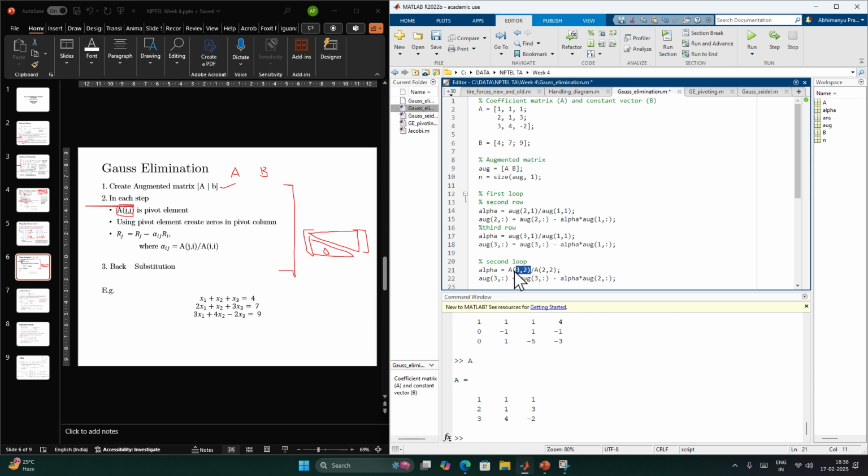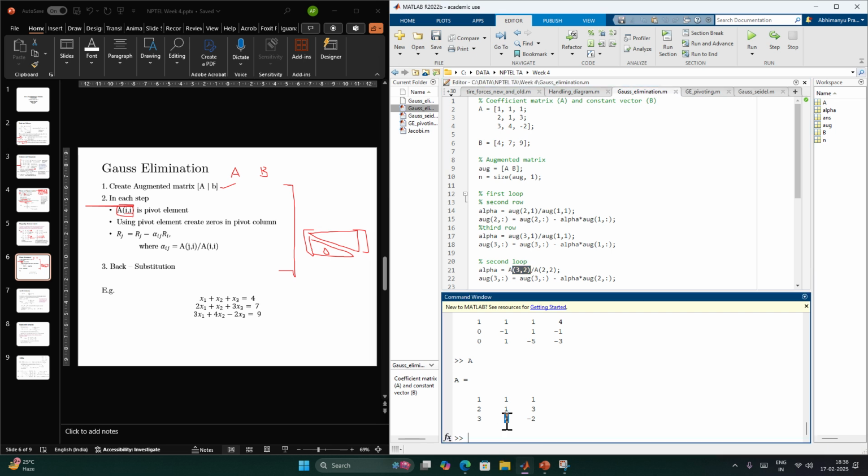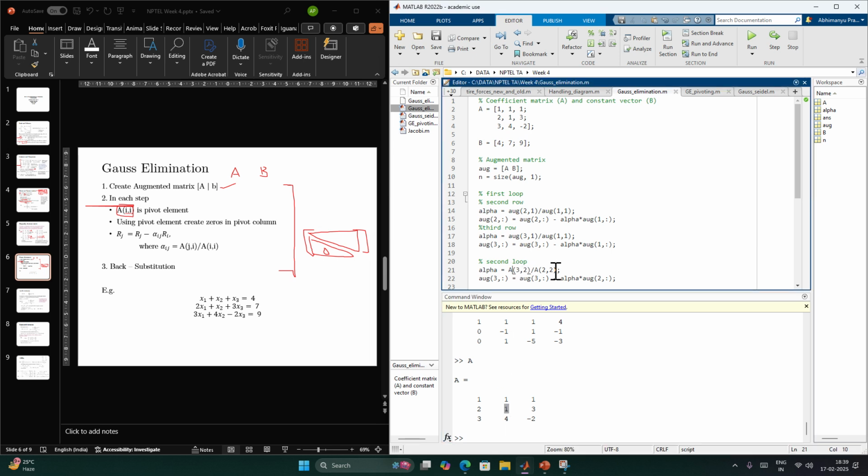See, my A3 comma 2 is different. My A3 comma 2 is initially 4, and my A22 is 1. But what I need to do is have this as A3 comma 2, like I need to have 1, right? Right now, what is happening? I am dividing 4 by 1, so it's giving me 4. That is why the error is happening.